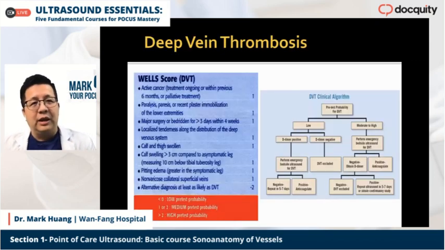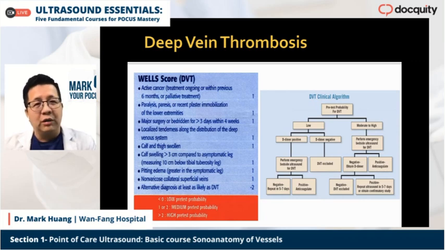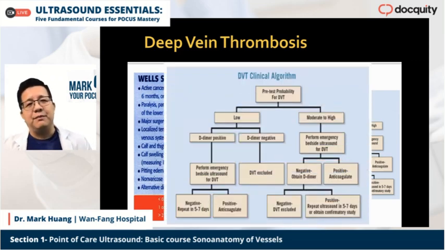Okay, so I think most of you may recognize the possibility of DVT based on the Wells score, and we also have the DVT clinical algorithm. So let's turn back to the algorithm. I'll make it bigger.